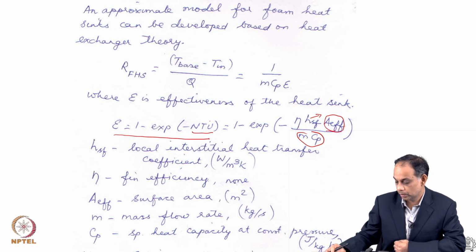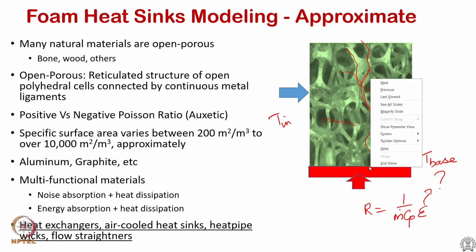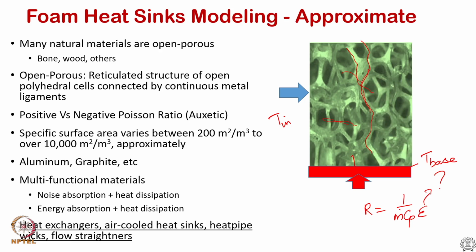In a foam type structure, people can get confused with multiple discussions, where one may refer to the heat transfer coefficient from the wall itself, and that is also a heat transfer coefficient. But what we are talking about is the interstitial heat transfer coefficient, that is, at a pore level, the heat transfer coefficient between the wall here and the flowing fluid within the local pore.